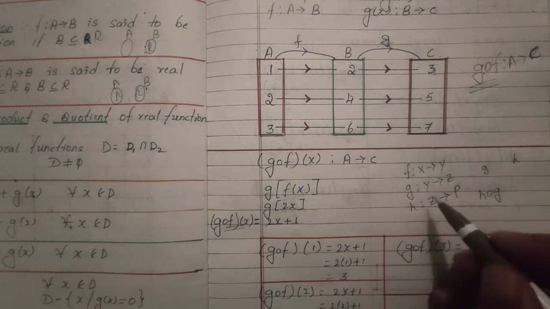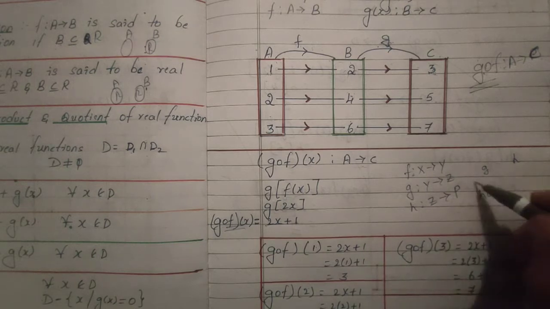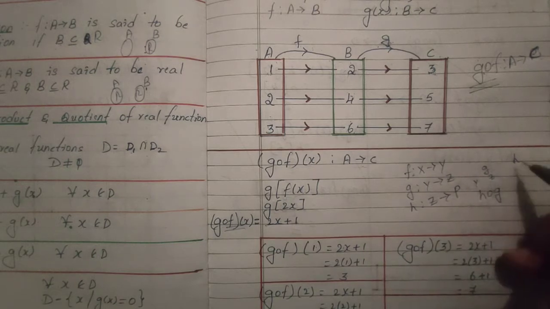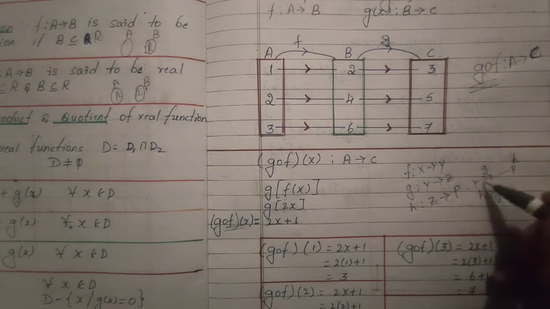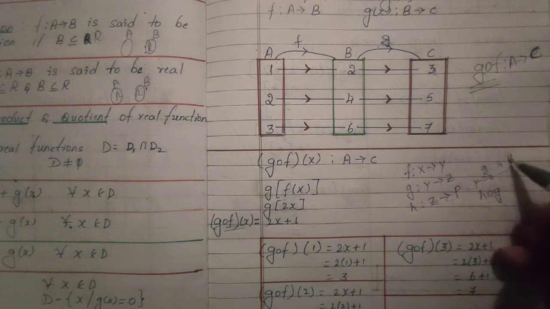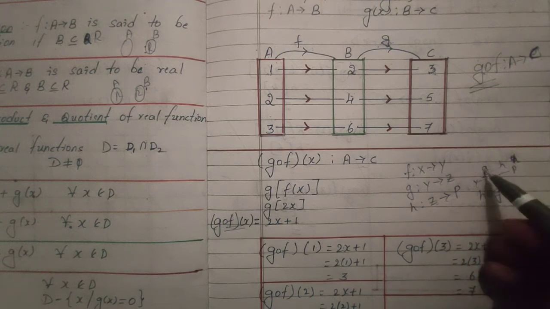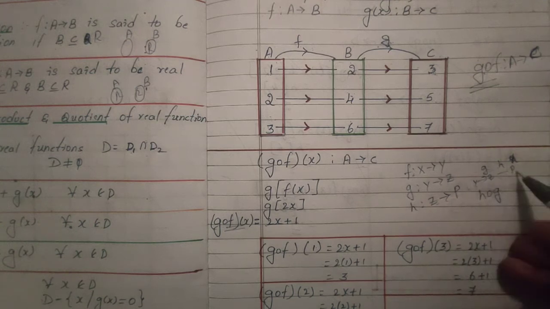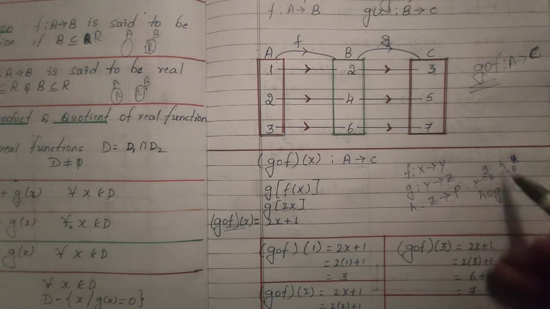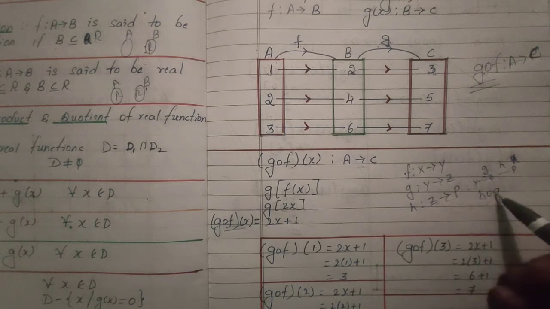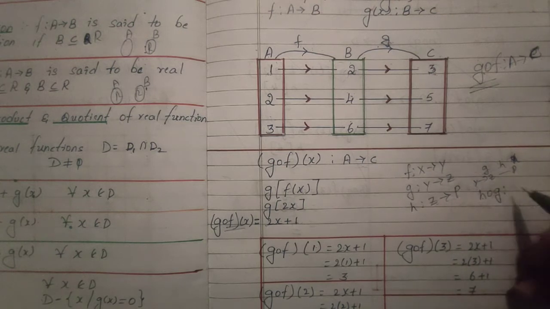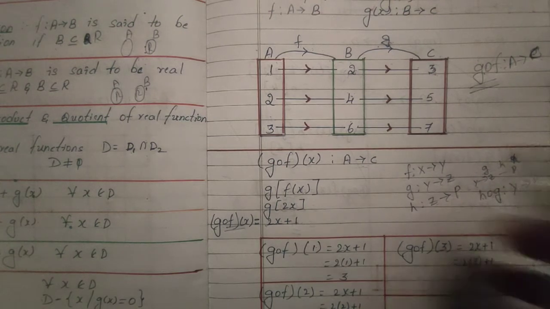Okay. So g is from y to z, h is from z to p. G is one function, h is another function. G is y to z, h is z to p. When we combine these two, that is denoted by HOG. This is from y to p. Remember this.